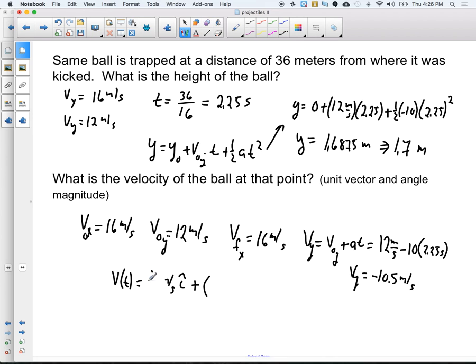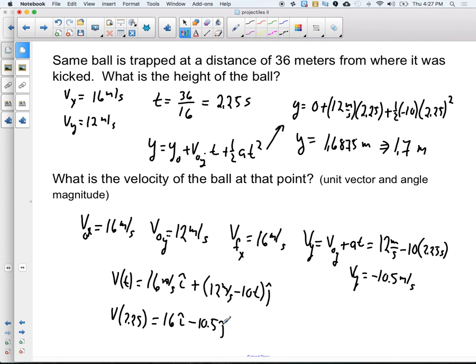X velocity, so it's 16 meters per second i hat plus 12 meters per second minus 10t j hat. The velocity at 2.25 seconds would be 16 i hat minus 10.5 j hat.